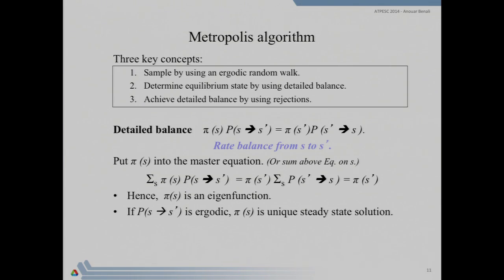And this is a key concept because we need this ergodicity and we need this rate balance to be able to move along and be able to make sure that we are in that equilibrium phase.